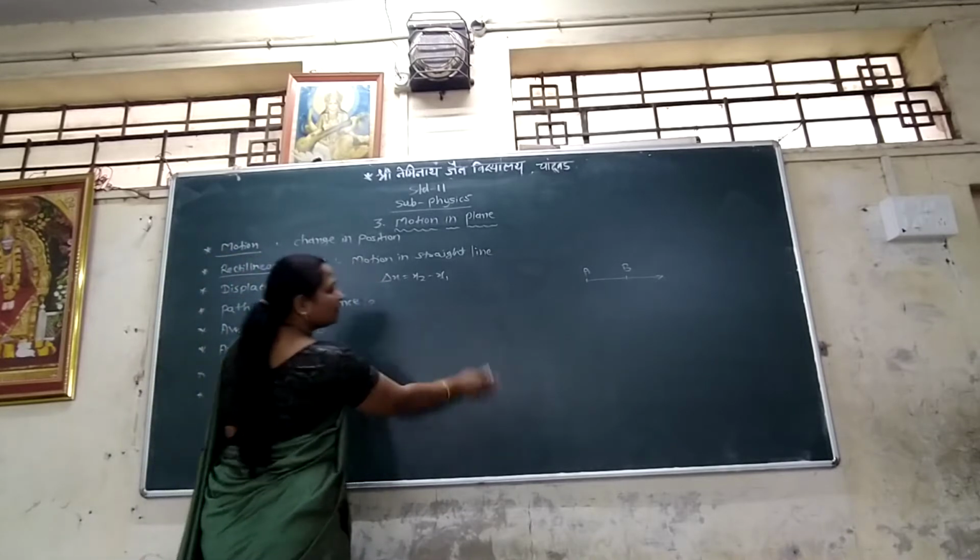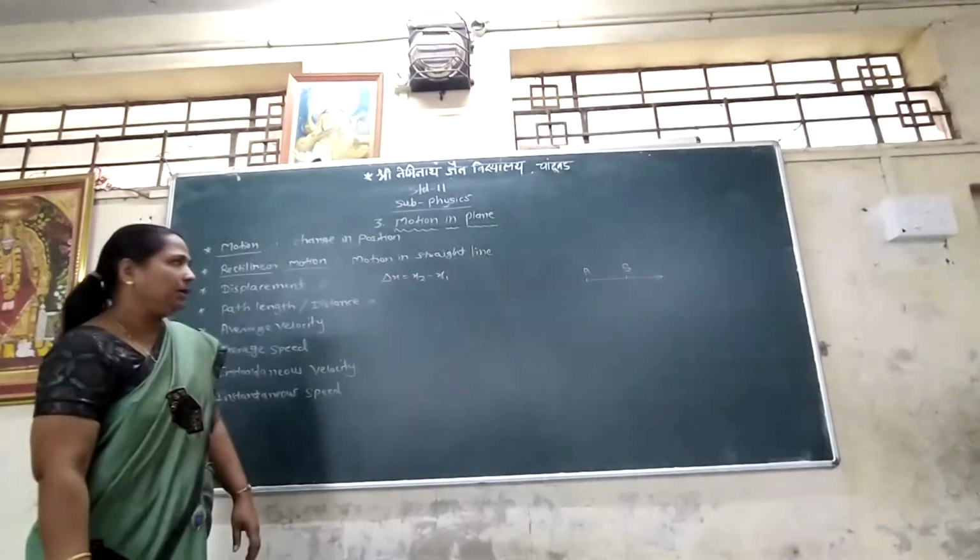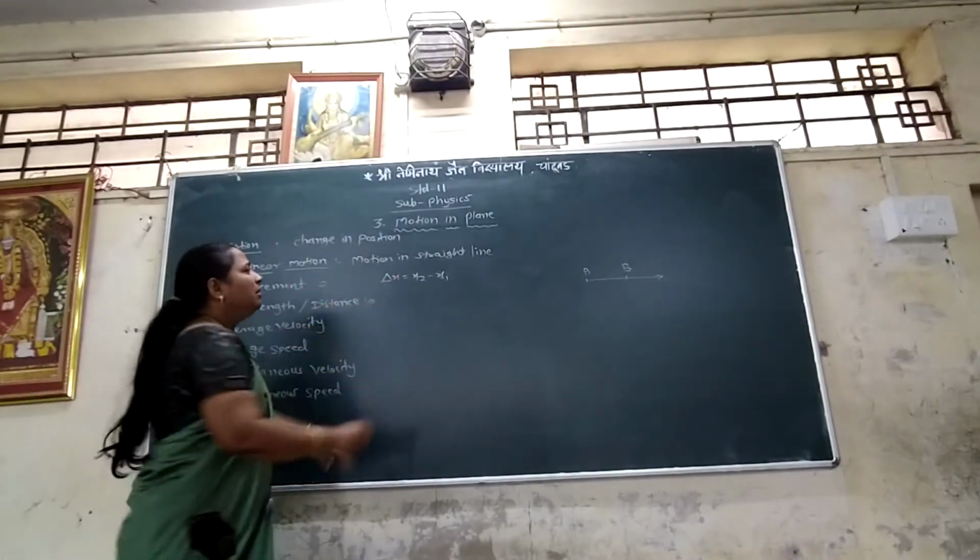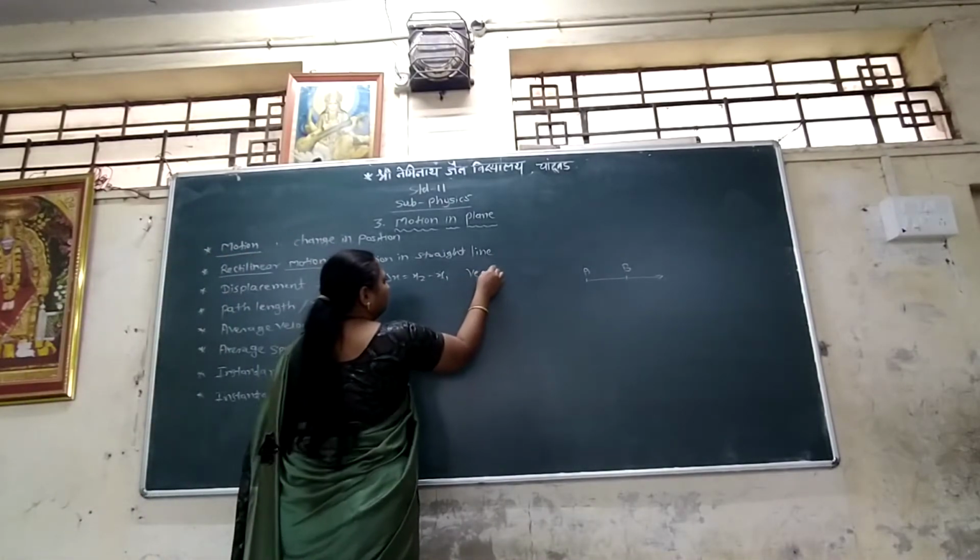Distance is a scalar quantity, but displacement is a vector quantity.